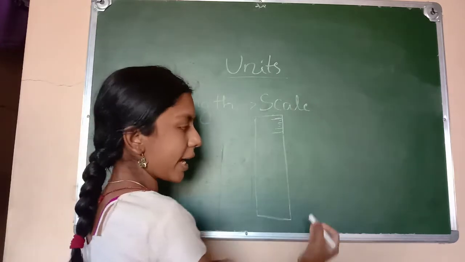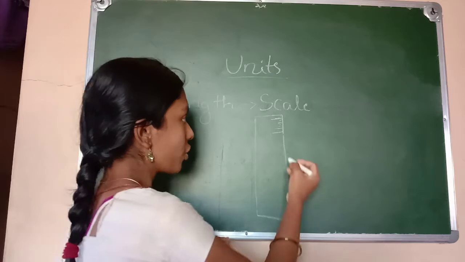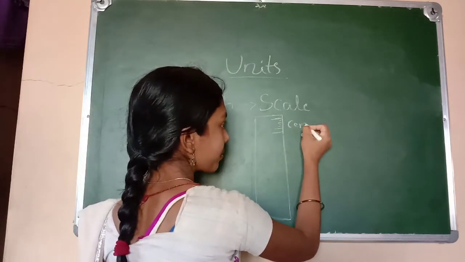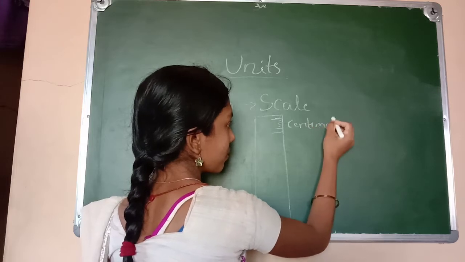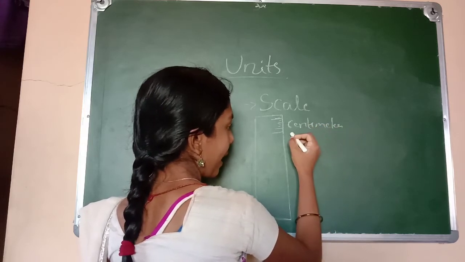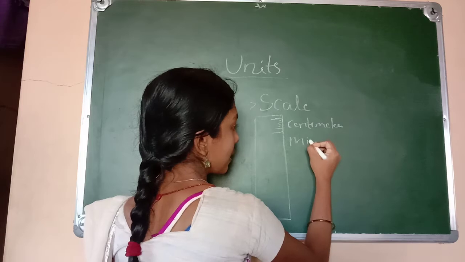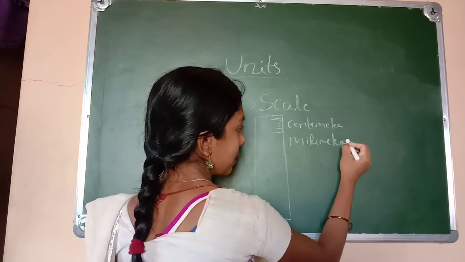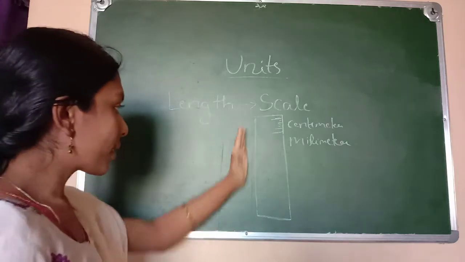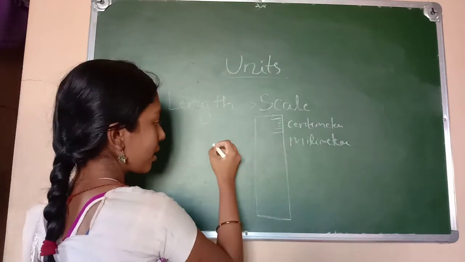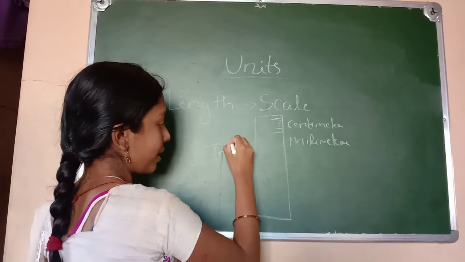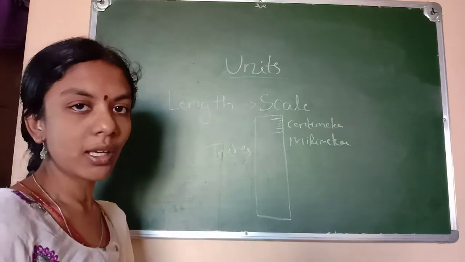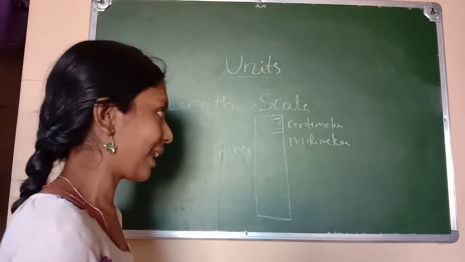So on one side of a scale, usually you can see centimeters and millimeters. On the other side is usually inches. So these are the units you usually come across in your daily life.